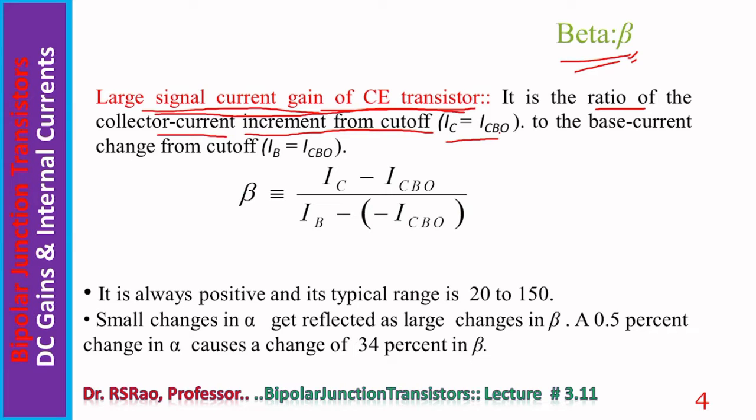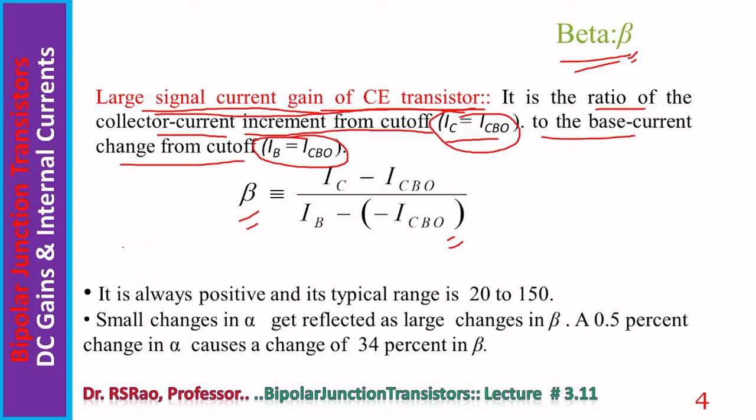It is explained in the next slide. So the base current change from cutoff, IB equal to minus ICBO. These are cutoff conditions, cutoff currents. So collector current has to be measured from cutoff, base current has to be measured from cutoff, and their ratio is to be considered to get beta. So beta is by definition (IC minus ICBO) by (IB minus IB at cutoff).